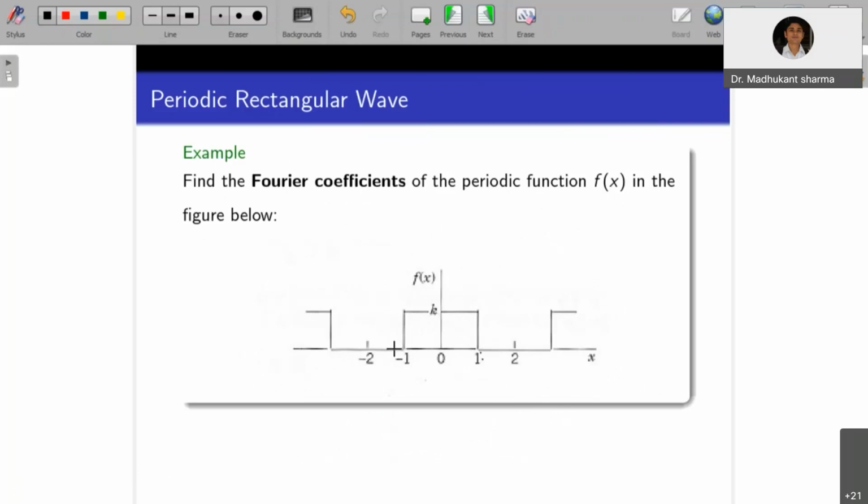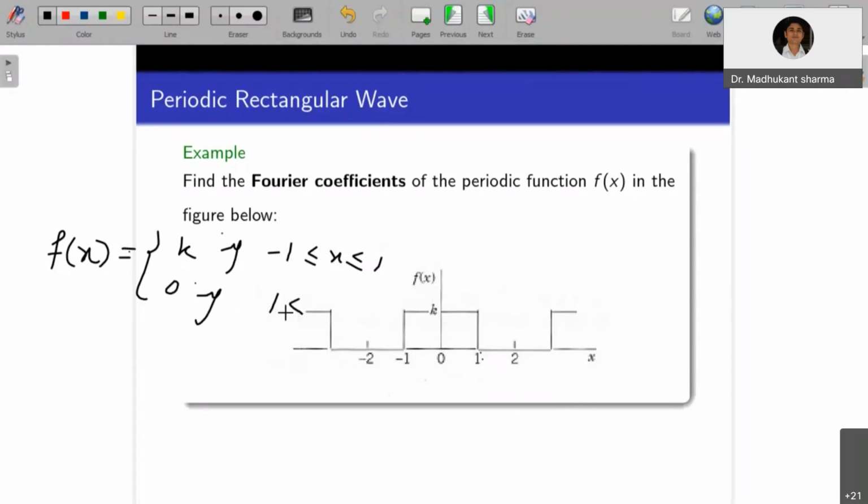You can observe from here f of x equals k if -1 less than or equal to x less than or equal to 1, and 0 if 1 less than x less than or equal to 3.